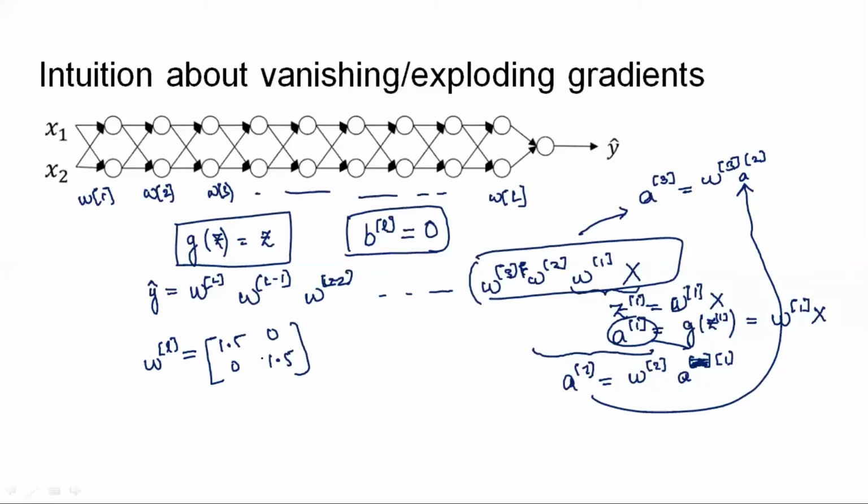So I have these initialized weights for this matrix W. This 1.5 is slightly greater than 1. Now what is the impact that we are going to have if we take this value of 1.5 as the initialized value for this weight matrix? We are going to see this.